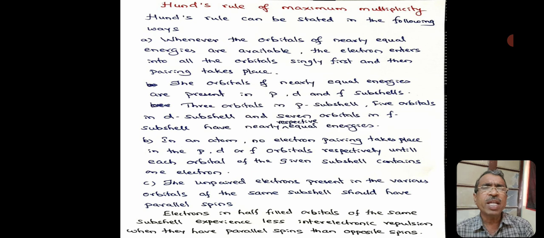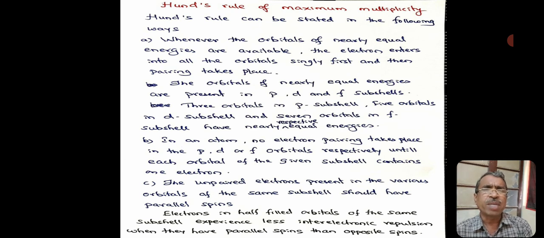Another way we can explain: in an atom, no electron pairing takes place in the p, d or f orbitals until each orbital of the given subshell contains one electron. Another way of explaining Hund's rule is that the unpaired electrons present in the various orbitals of the same subshell should have parallel spins.